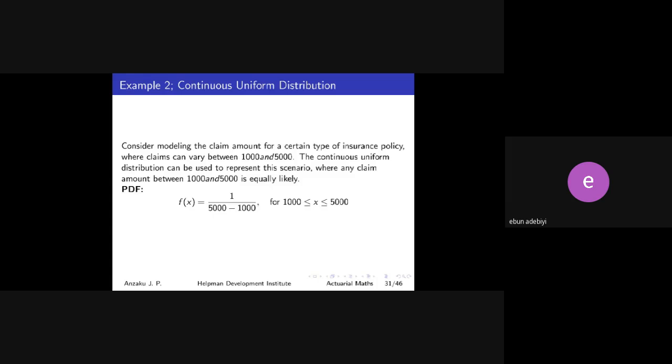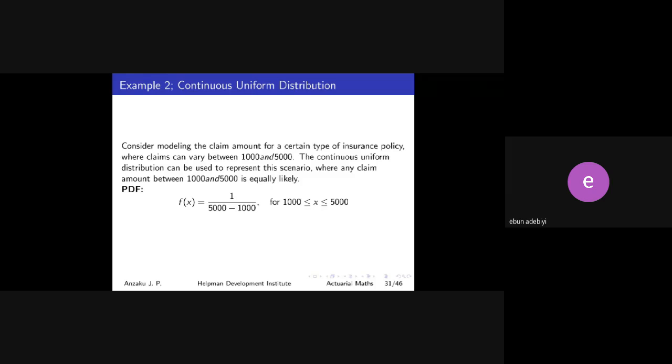Once you get the probability, you multiply by the premium, which will give you the exact premium that you need to be charging, whether per month or per year. So the probability helps you to price.